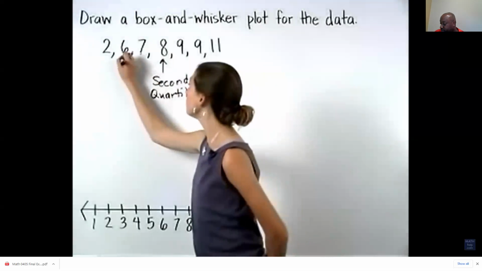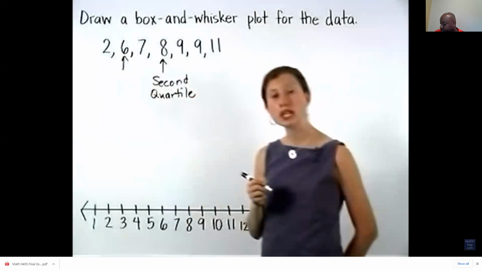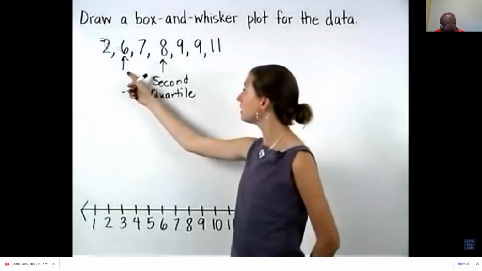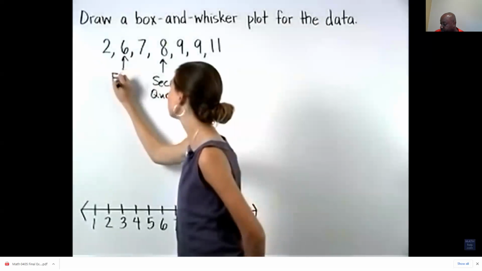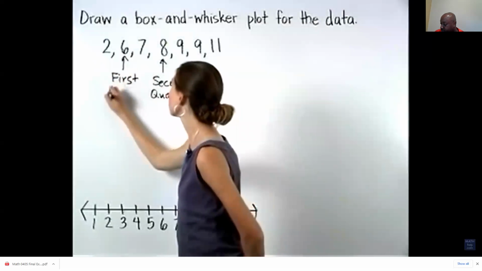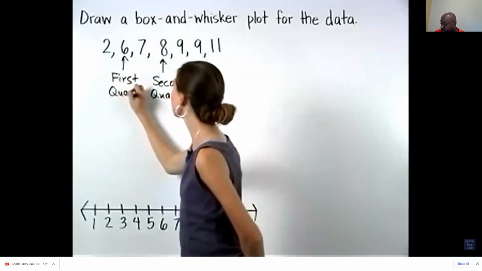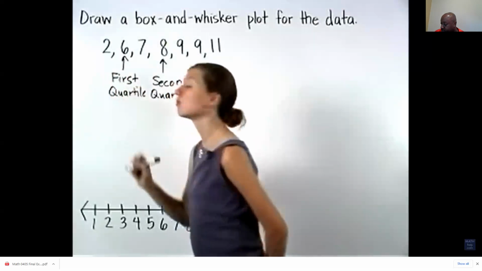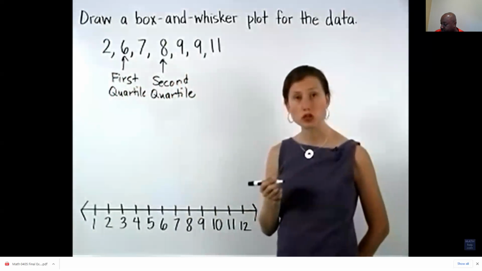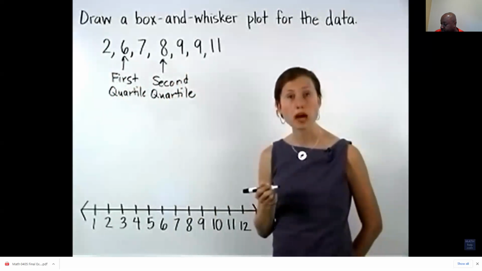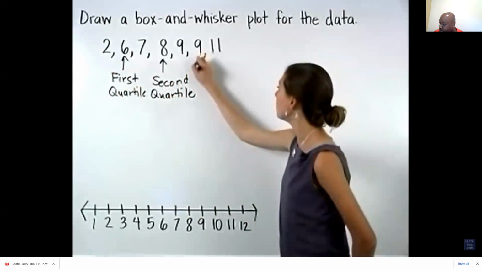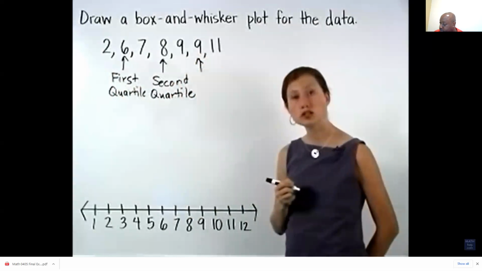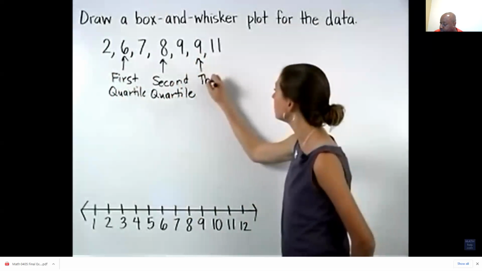Again, the median will be the middle number, so here the median of the lower half of the data set is 6, which means that the first quartile is 6. Now, let's find the third quartile, or the median for the upper half of the data set. The median will be the middle number, or 9, so the third quartile is 9.